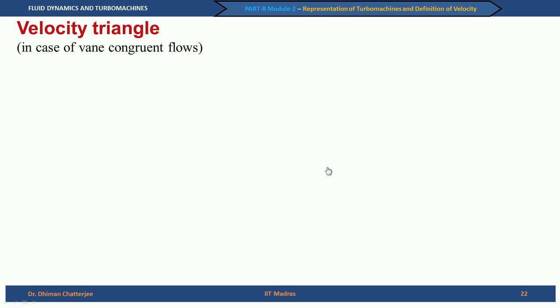And if fluids do not have viscosity, then we do not have to worry about boundary layer and separations, and so the wall effects are not present. The separation which can happen in the flow passage is also neglected, and hence vane congruent flow assumptions will be valid. So, we will talk about the velocity triangle in case of vane congruent flows.